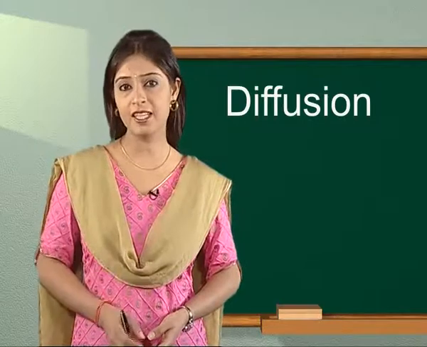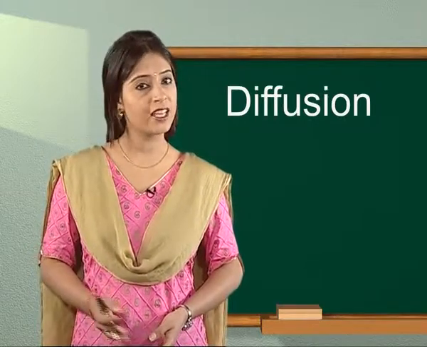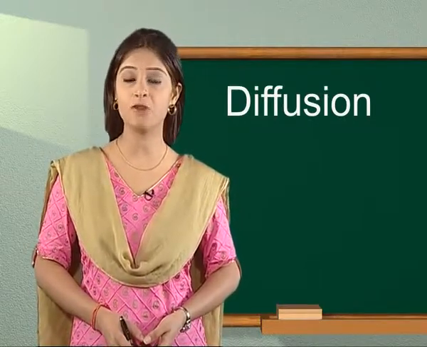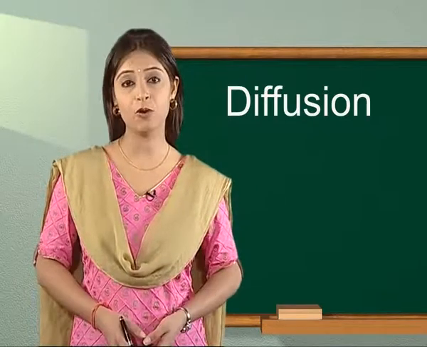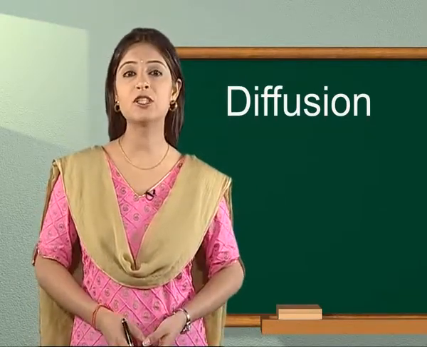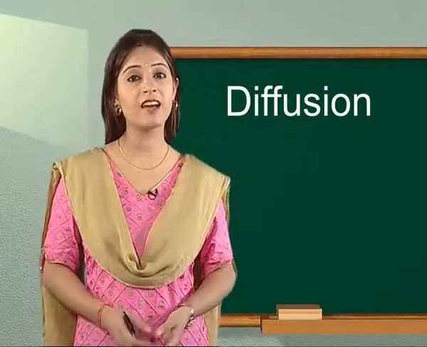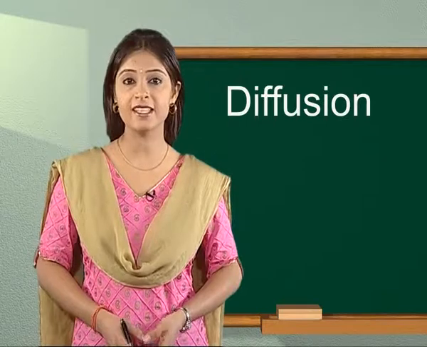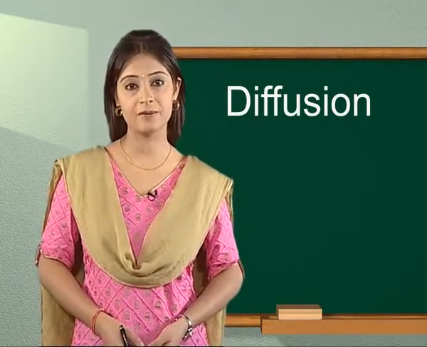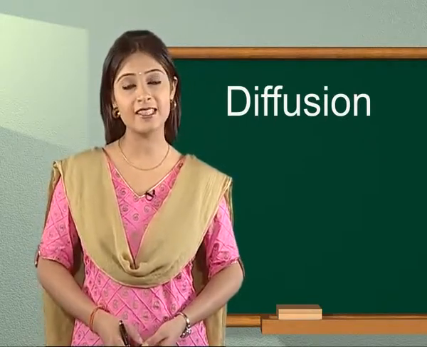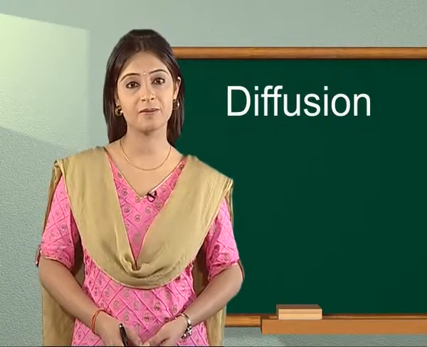We are able to detect the smell of the perfume even if we are at some distance from the bottle that has been opened. This is all due to this process of diffusion. Diffusion occurs in fluids, that is, gases and liquids. It is more rapid in gases than liquids.